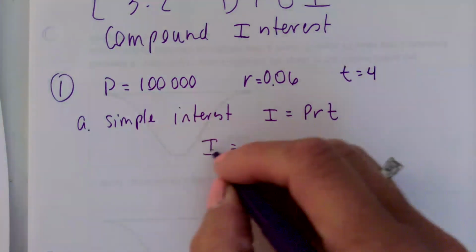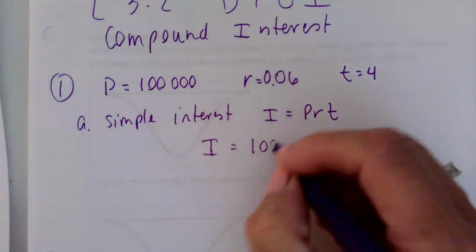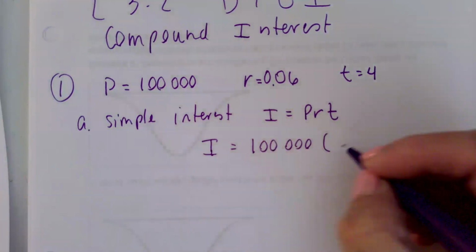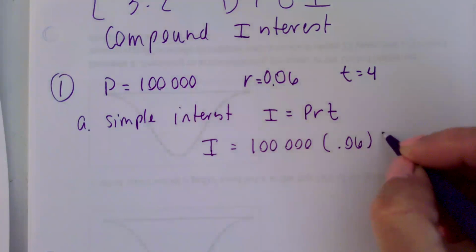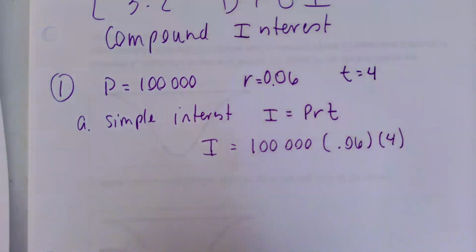So we will go to Desmos and put in 100,000 times 0.06 times 4.